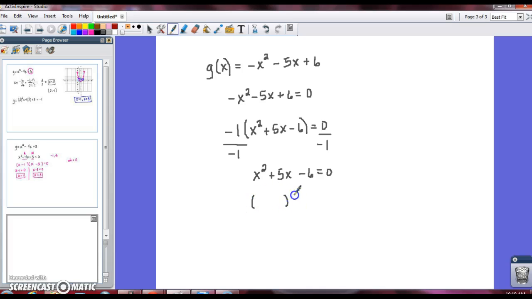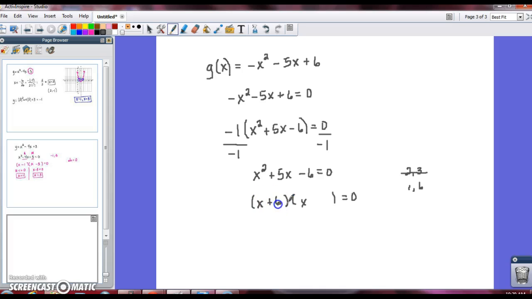I'm going to find two numbers that add to 5 and multiply to -6. My only factors of 6 are 2 and 3 or 1 and 6. But I have to multiply to -6. So these can't both be positive, so I can't use 2 and 3 even though I know they add to 5.